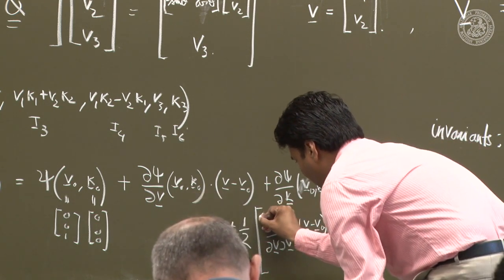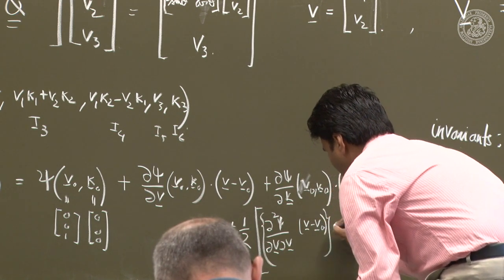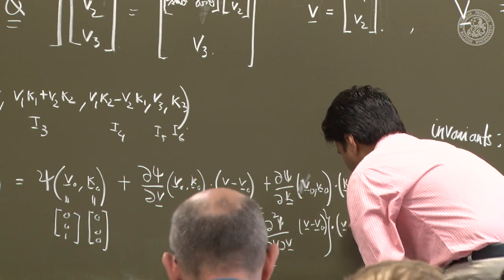So once you have done this, dot with V minus V0.